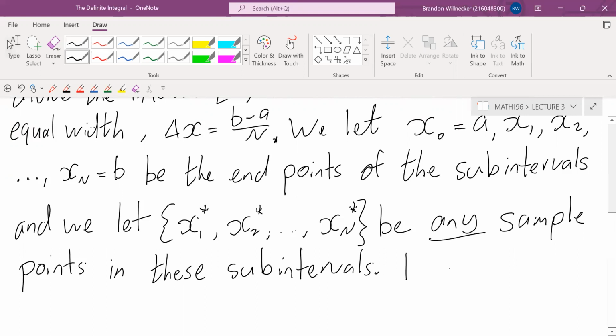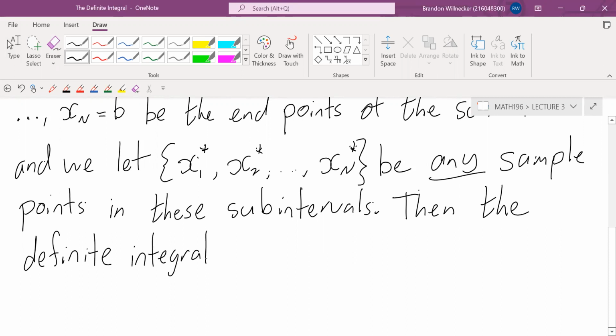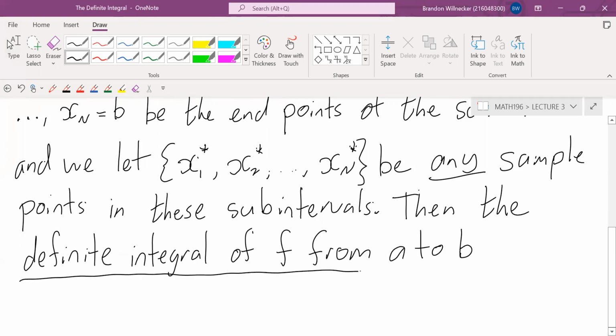Okay, so then the definite integral of f from A to B. So let's just highlight that. That's what we're defining.